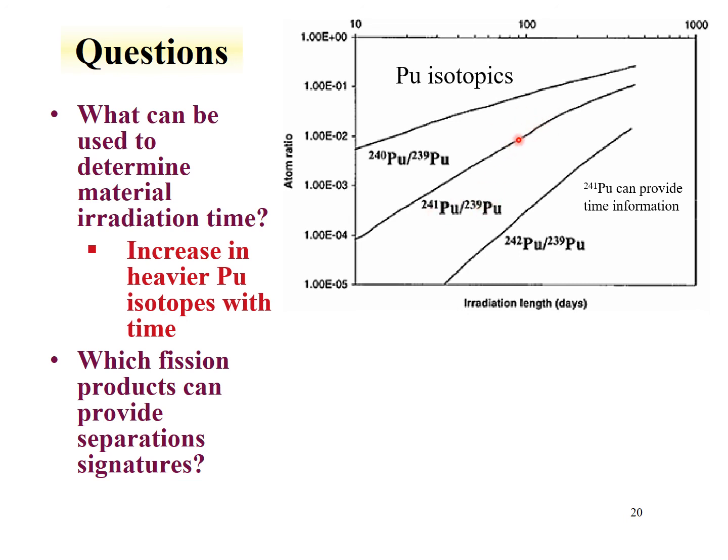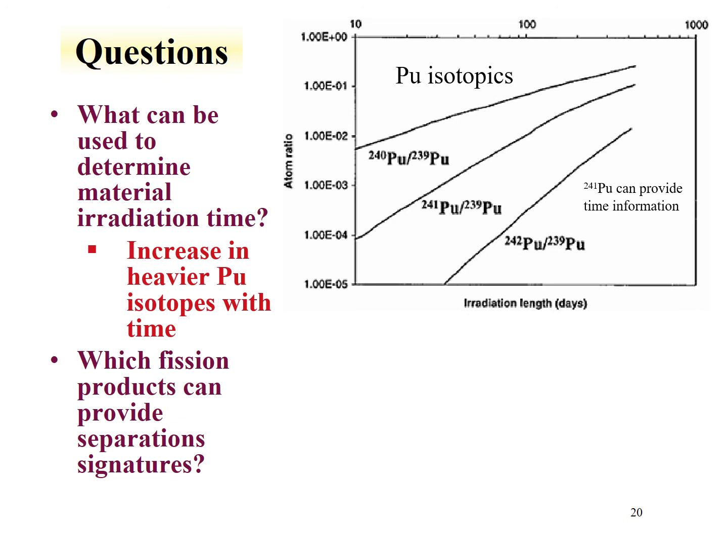You could measure what it is today, and one could use the half-life of 14.29 years to determine the length of time it's been out of the reactor. Now you can imagine that this is only sensitive for samples that have been out for a time period on the order of a half-life.